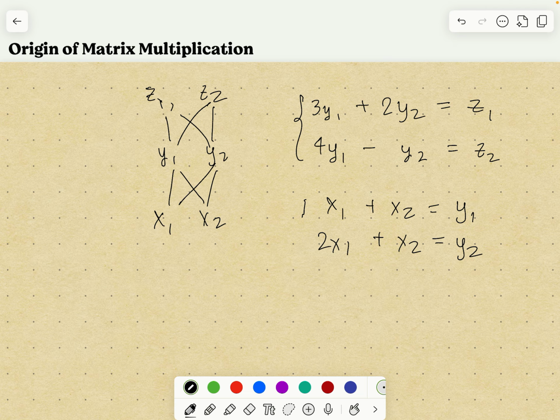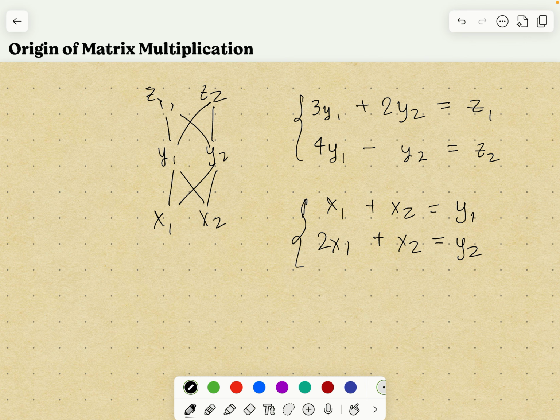Okay, so let's say that you, in addition, know these two equations. So the question is, how do you express z1 in terms of x1 and x2, and how do you express z2 in terms of x1 and x2?